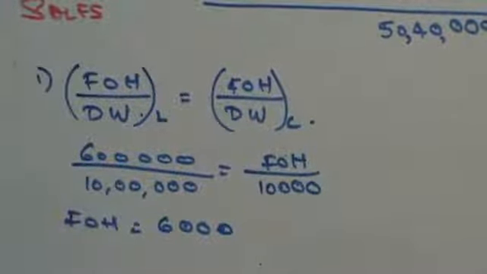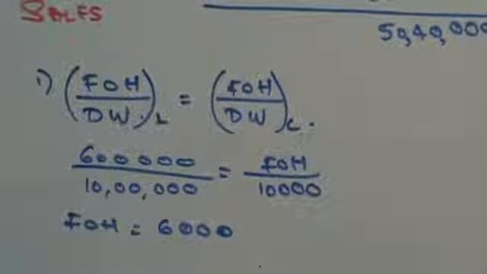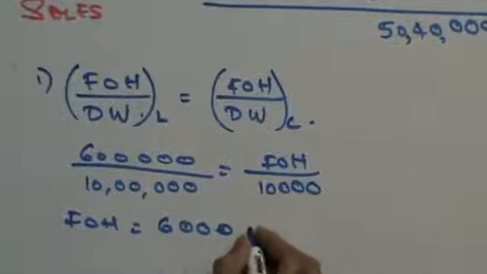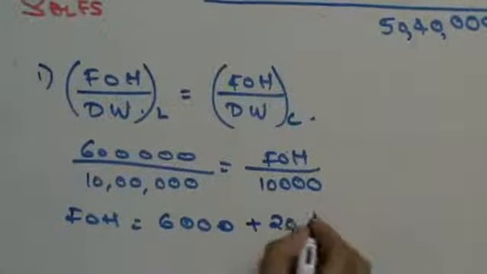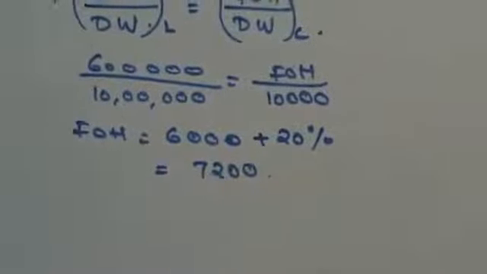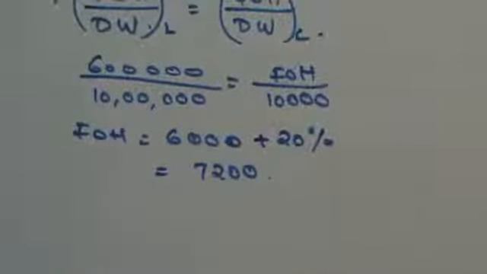This would have been proportionate increase, but this is not proportionate increase. It has gone up by 20%. So whatever is the factory overheads plus another 20% to that, so that will be 7,200. So factory overheads of the current year will be 7,200.